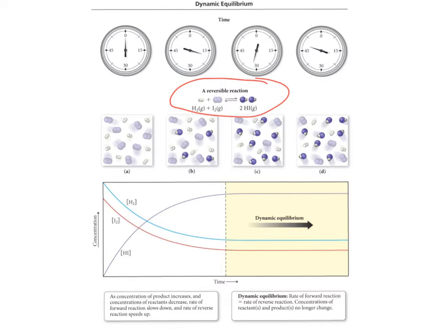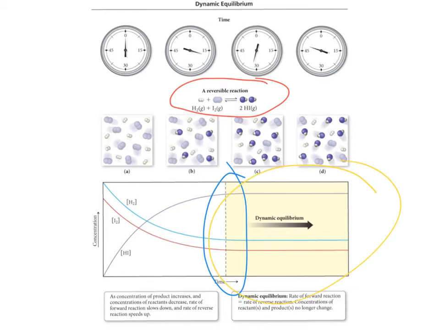The equilibrium is reached when you get to a certain time and the concentrations of the product versus the concentration of the reactants are not changing with respect to one another. That's where we get to what we call this dynamic equilibrium portion.